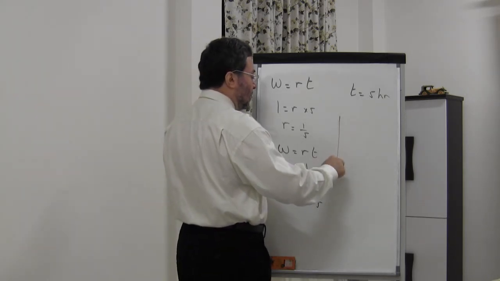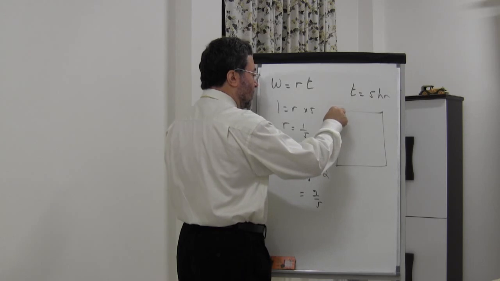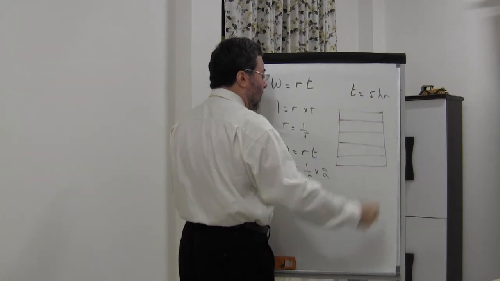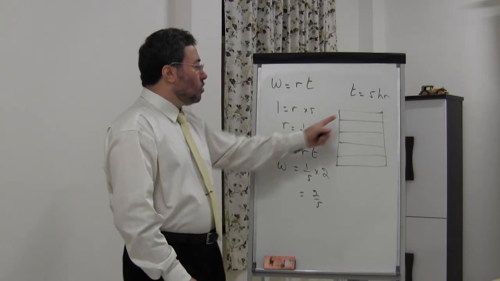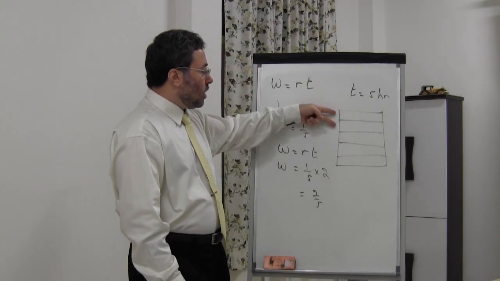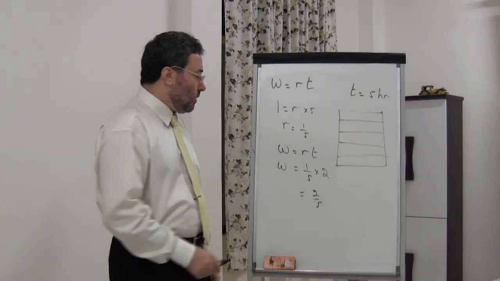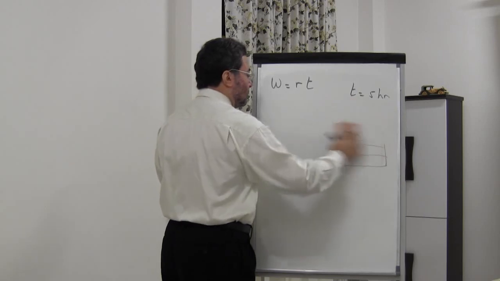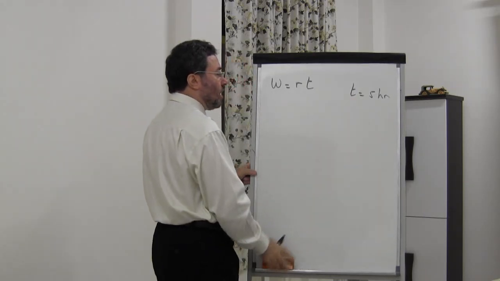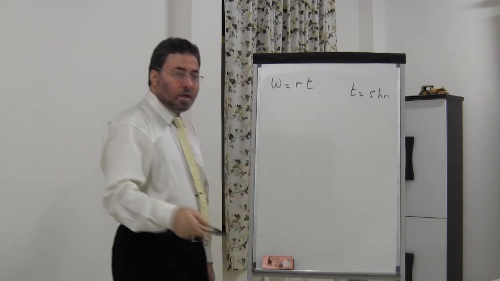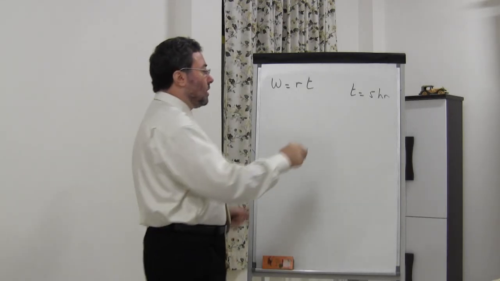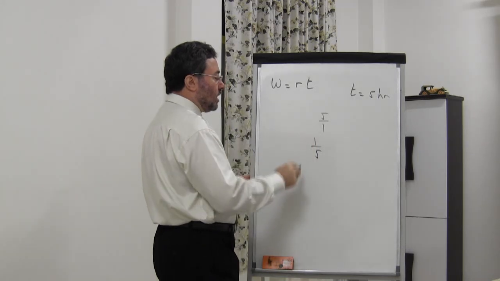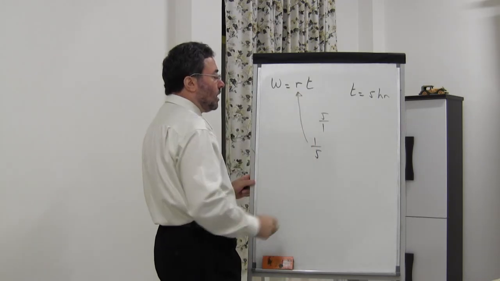Now if you think about it, it's like Frank has divided the workload into 5 pieces. And in each hour he can do 1/5 of the job, and in 2 hours he will do 2/5 of the job. So usually when they give us the time to do the work, like in this case 5 hours, then we simply get the reciprocal, 1 over 5, and that will be the rate.